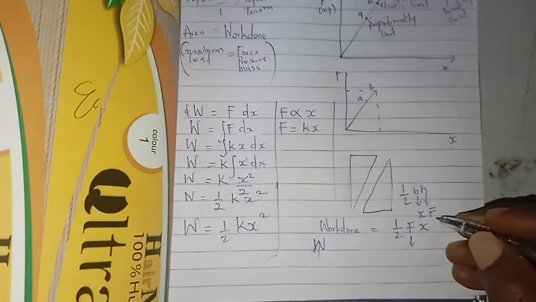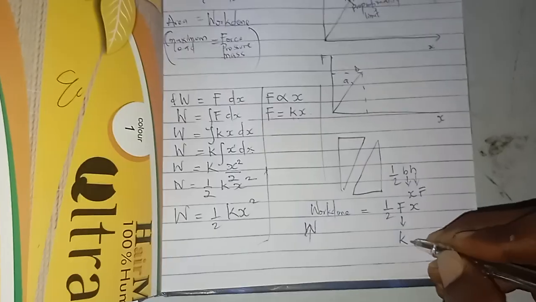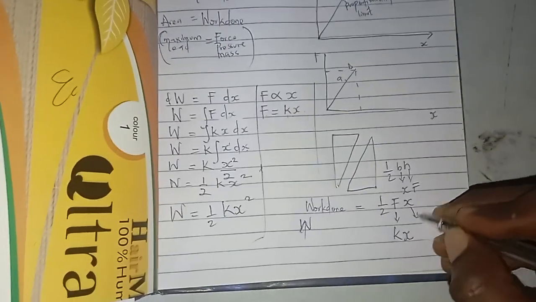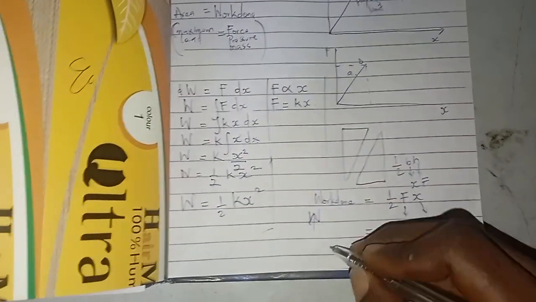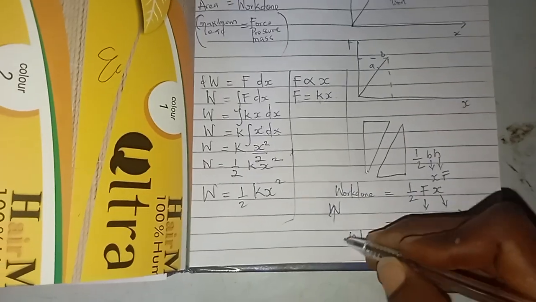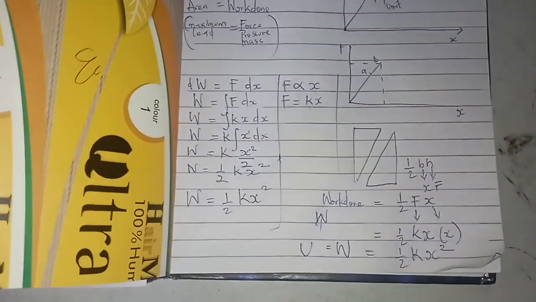And remember something: this is going to be Kx, and there's x here already. Then I bring the half. So you now see that this is half Kx squared, the work done. And this is also the same thing as energy, because work done is the same thing as energy.